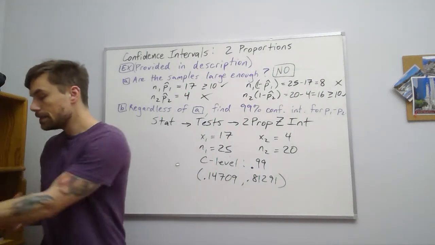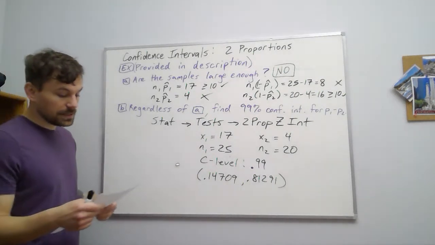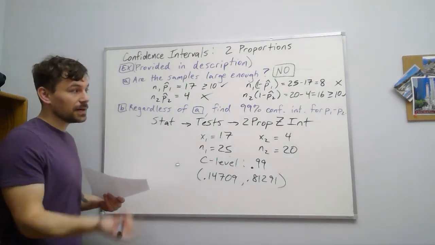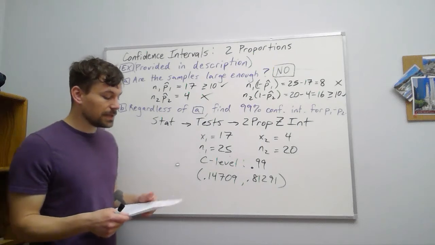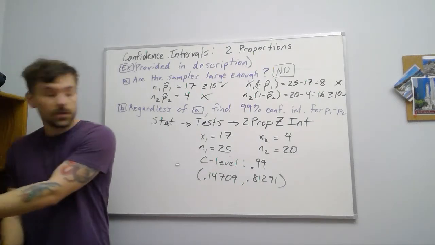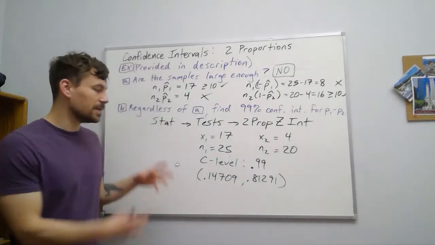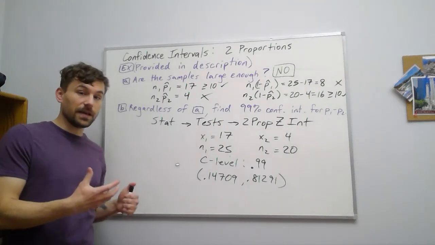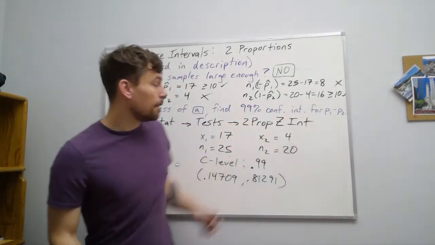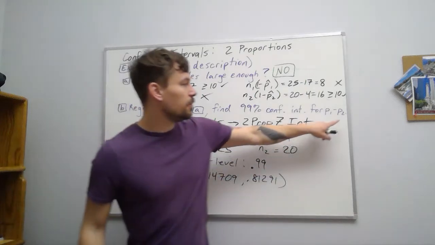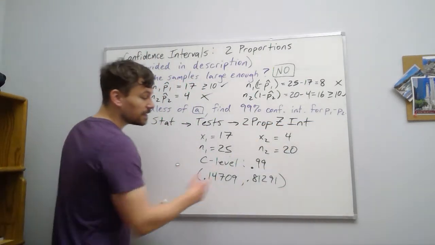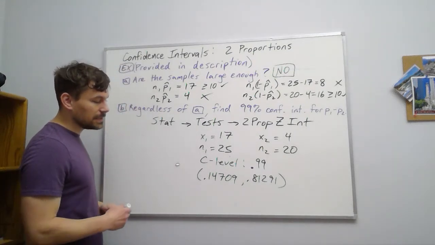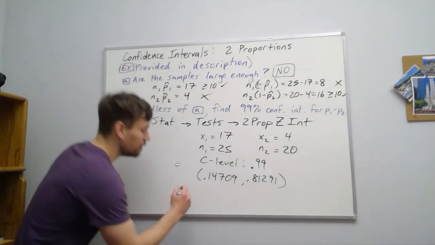In this case, we had Pacific University as our population 1, and we had PSU, Portland State University, as our population 2. So if these numbers are positive, that means the proportion at Pacific, P1, is larger than the proportion at PSU, P2.